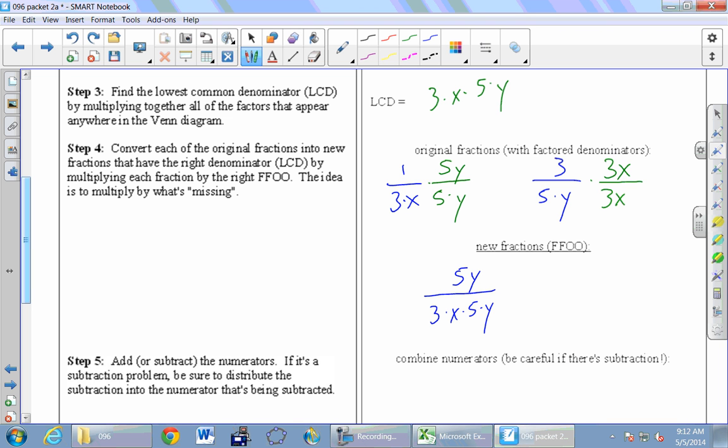And then the next one, I'll copy the denominator just like I see it. And here, up on the top, we actually are going to do the multiplication. So just multiplying these two guys together, 3 times 3x, it's really the only place that we're going to multiply. And we're going to write 9x. There.